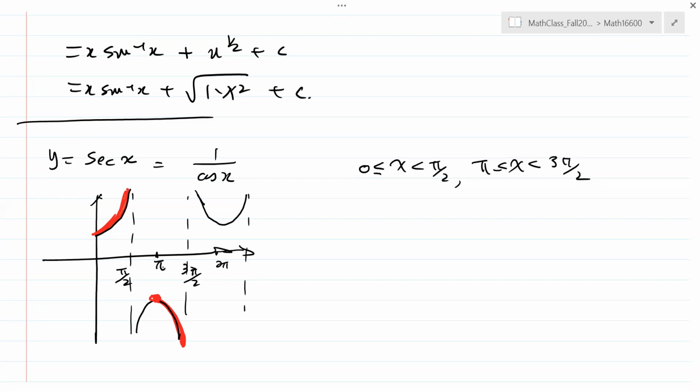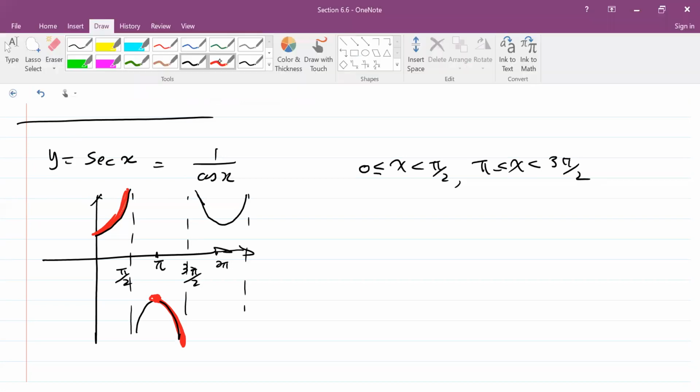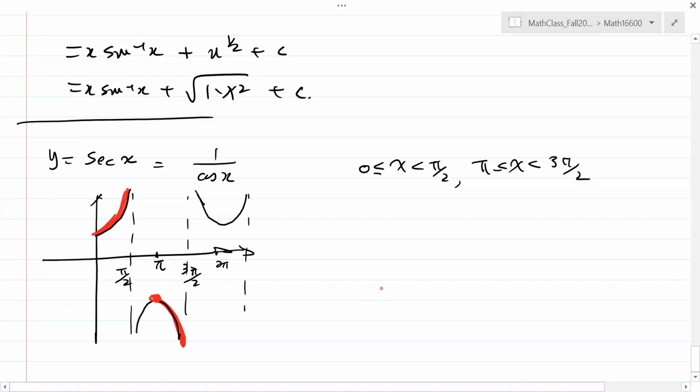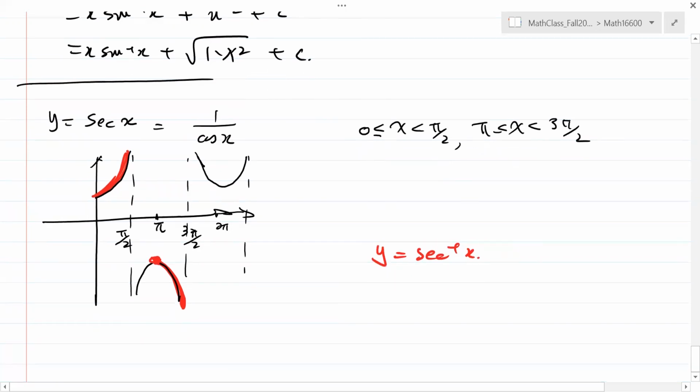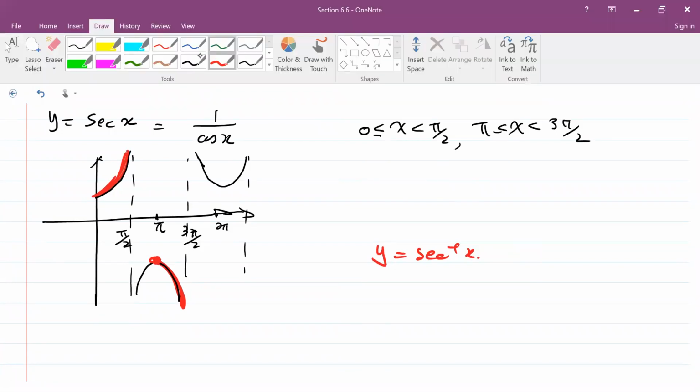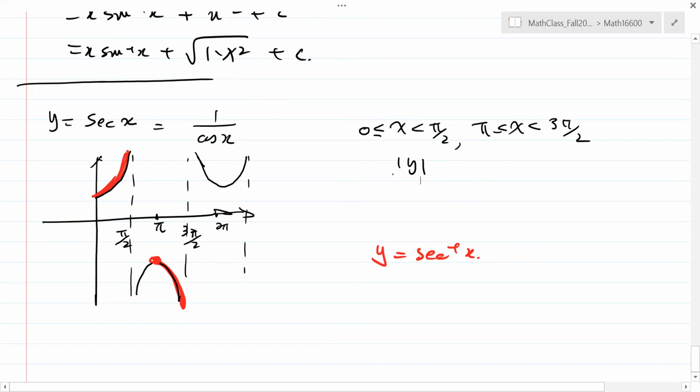Now the inverse will be, for y equals secant x, the range of y will be greater than or equal to 1, okay?